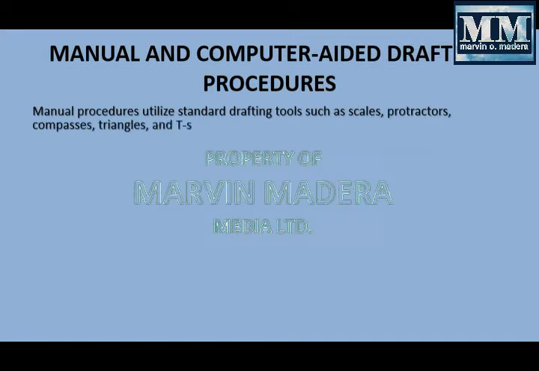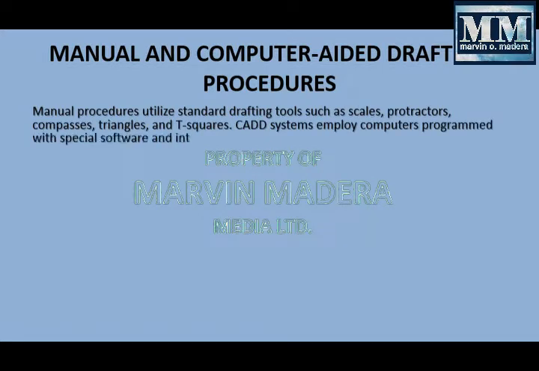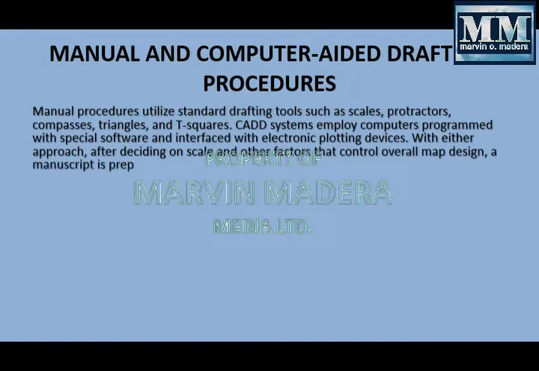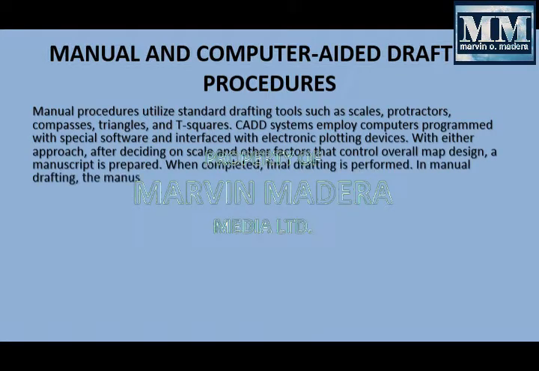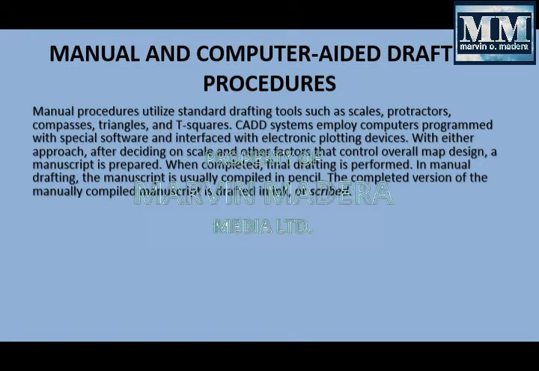Manual and computer-aided drafting procedures. Manual procedures utilize the standard drafting tools such as scales, protractors, compasses, triangles, and T-squares. CAD system employs a computer program, special software, and an interface with an electronic plotting device.